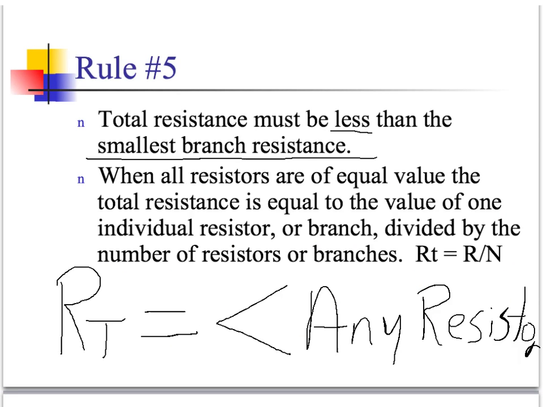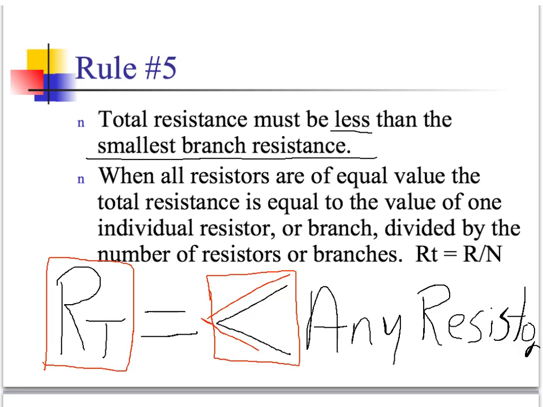Alright, rule number 5, we're starting to get into resistance. Rule number 5 simply tells us that total resistance must be less than the smallest branch resistance. So when you do your calculations and you come up with a resistance total, you have to look at that resistor value and then hopefully you understand the old alligator or crocodile mouth, and notice which way the crocodile mouth is pointing.